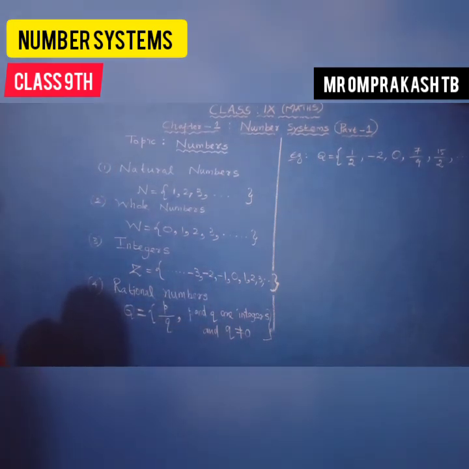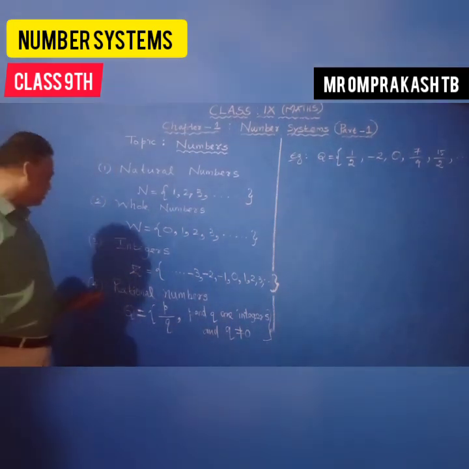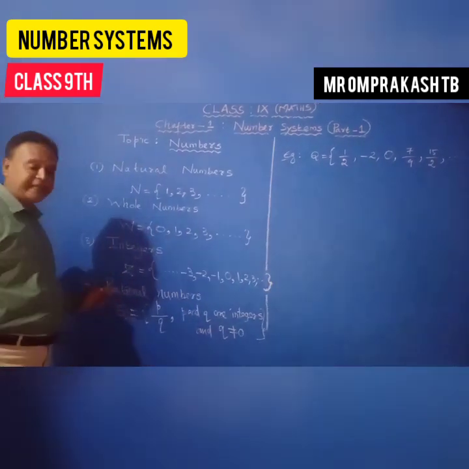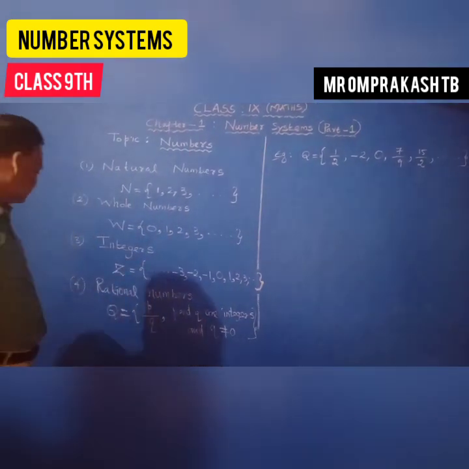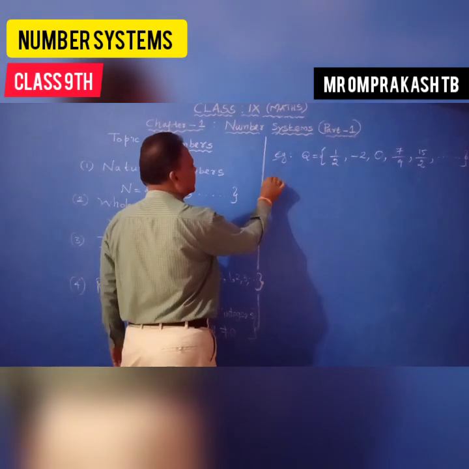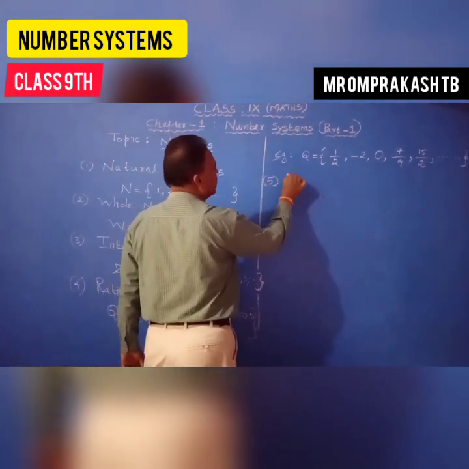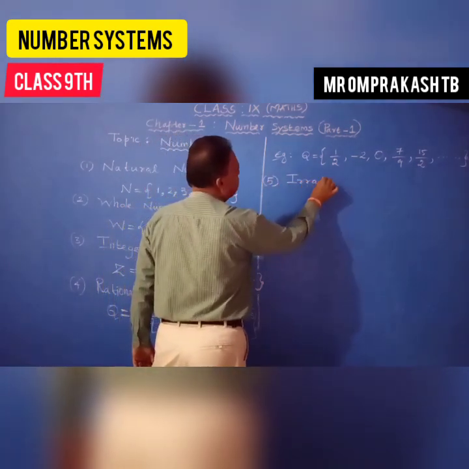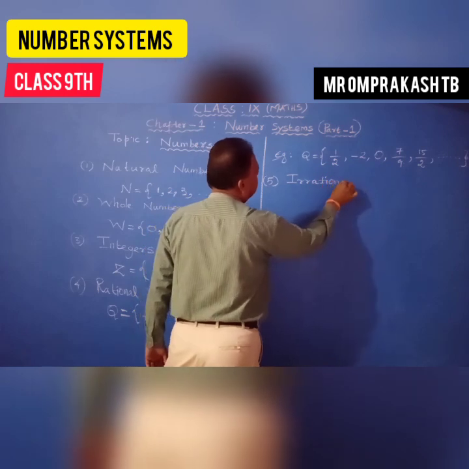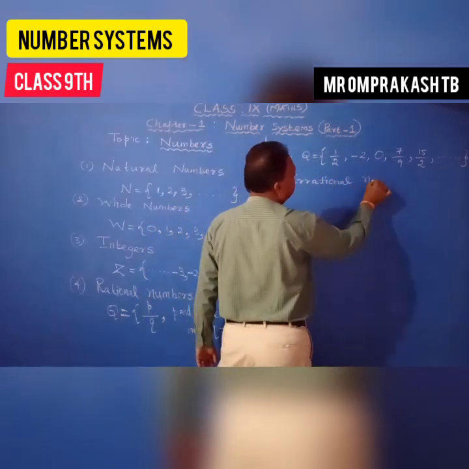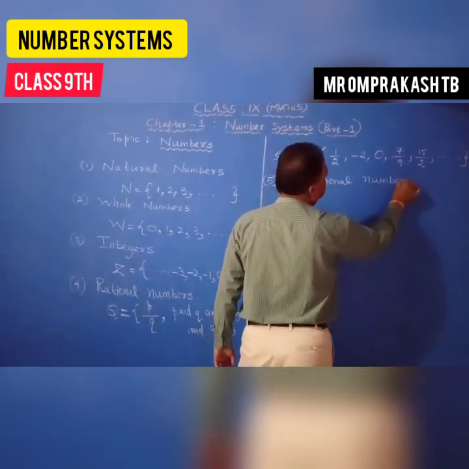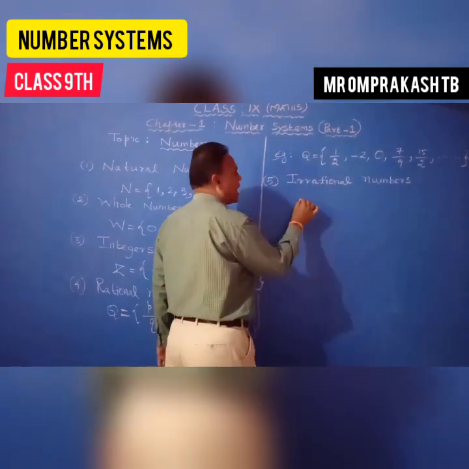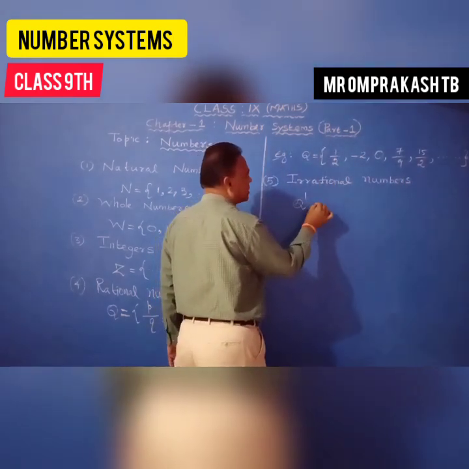Apart from this, this year you are going to learn one more number, that is called irrational numbers. The fifth number is irrational numbers. It is denoted by capital Q dash.